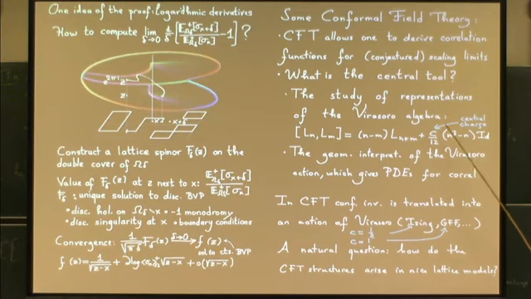So the idea is that a big part of CFT is the rigorous study of this algebra. It's not so easy to study this algebra, but it can be done. And then there is the geometric interpretation, what this algebra means for a model.